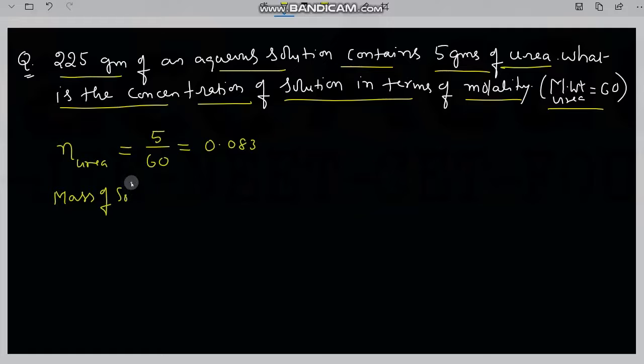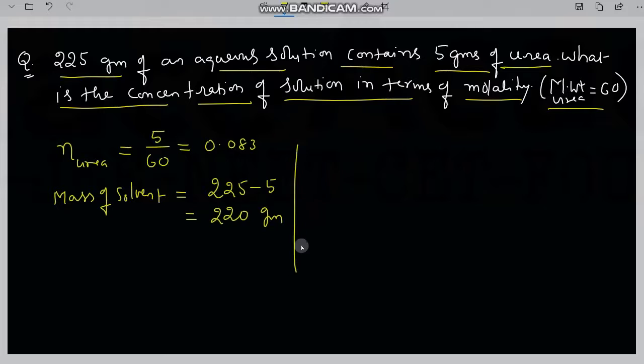Mass of solvent we can get by subtracting the mass of solute from the solution mass. Here the solution mass is given as 225 minus the mass of urea given as 5 grams. So 225 minus 5 will get 220 grams. This is the mass of solvent.